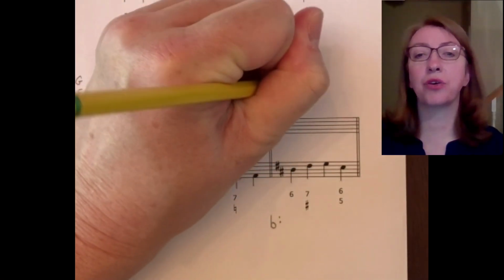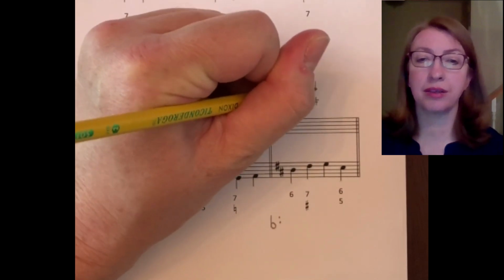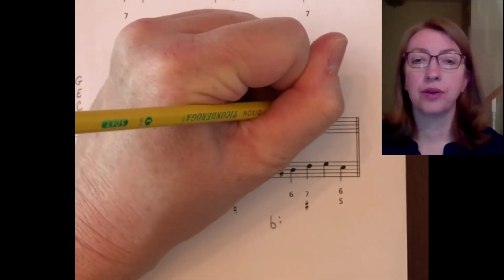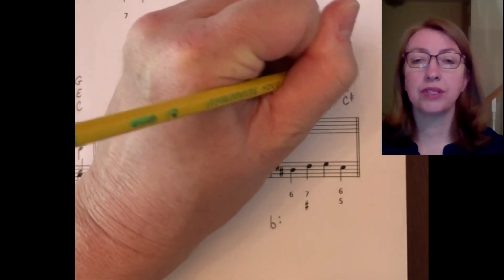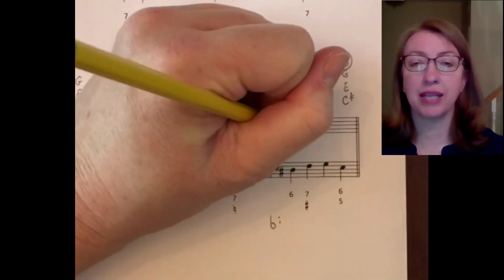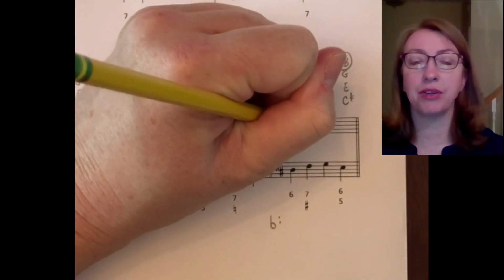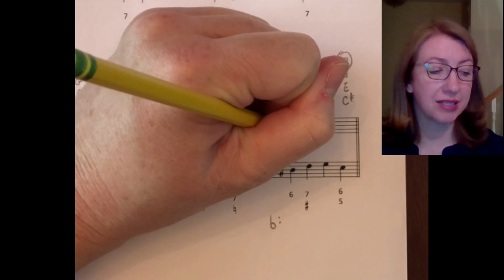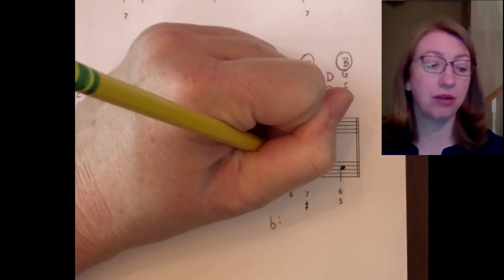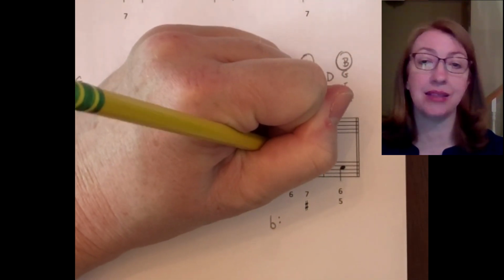Now this particular chord progression deserves another look. We're going to start with the same pitch content because we have the same bass line and figures, and I'm going to voice the initial chord the same way. I'll put a B in the soprano, an F sharp in the alto, and a D in the tenor.